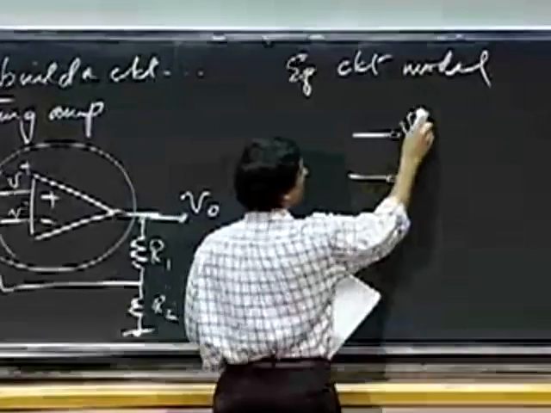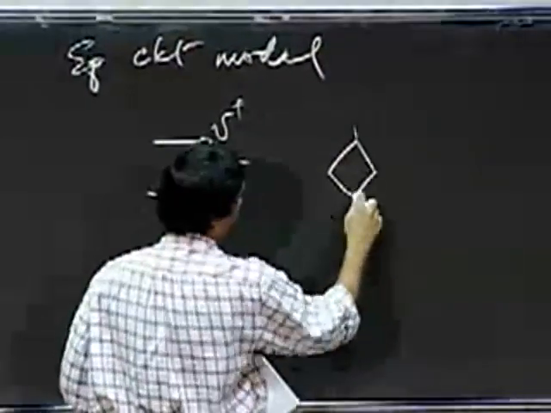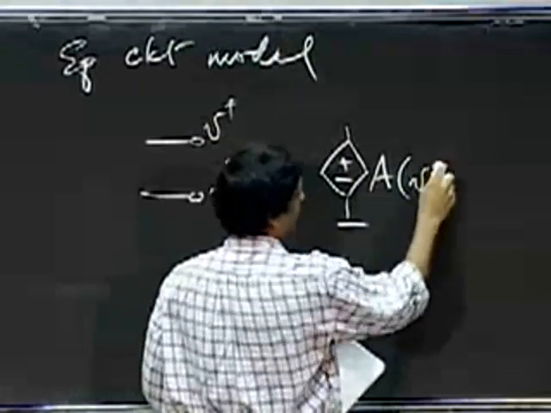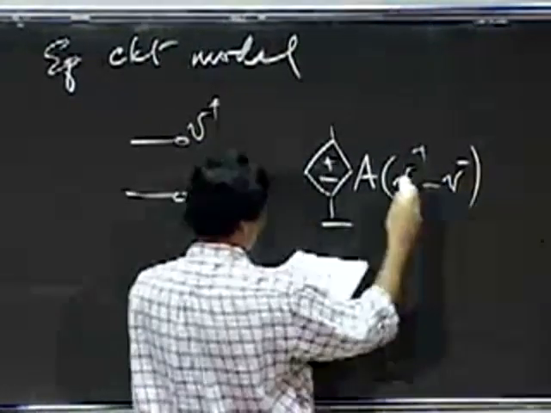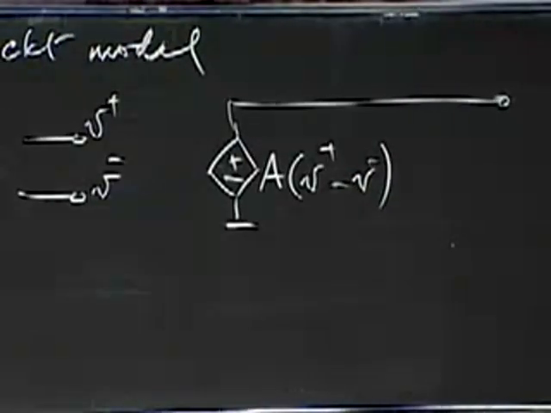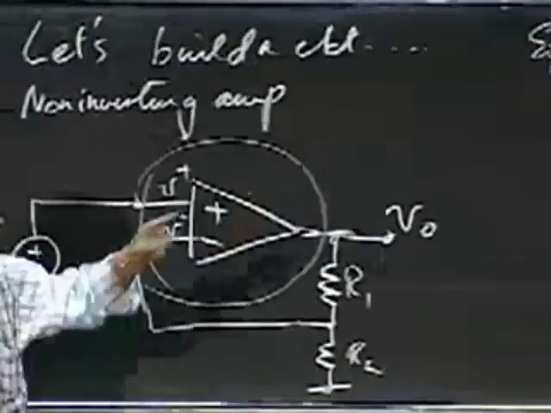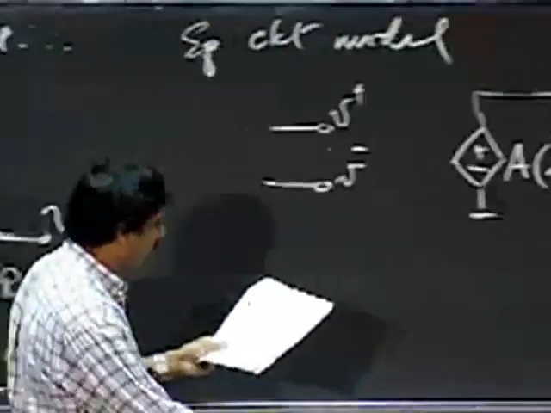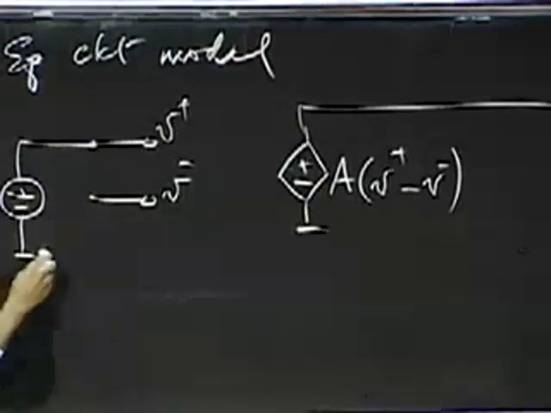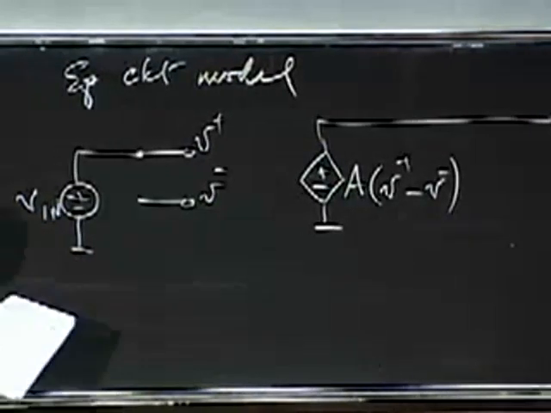So I'll replace the op amp with its equivalent circuit model. Its equivalent circuit was V plus, V minus. So that was the equivalent circuit model of the operational amplifier, just this piece. So I draw that for you. And then I connect my V in here.